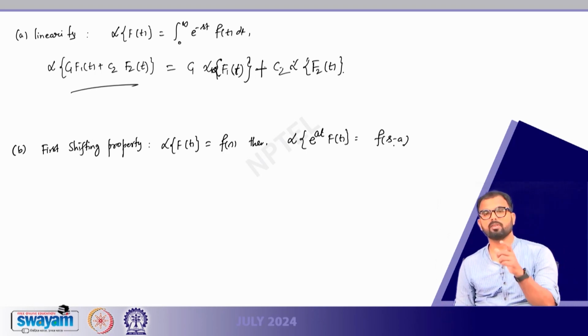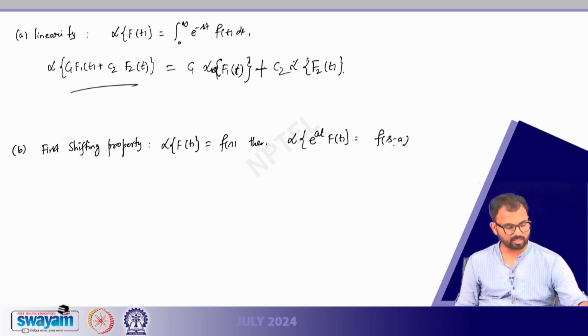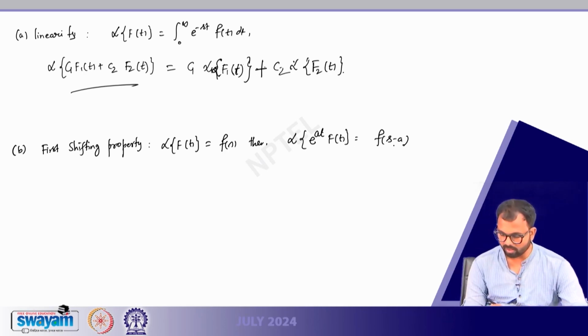So if you have a product function, say e to the power at into sin t, we know the Laplace transform of sin t, so whatever the Laplace transform of sin t was, you just replace s by s minus a. This is a very convenient result to calculate the Laplace transform when we have a shifting, that means we have shifted from s to s minus a.